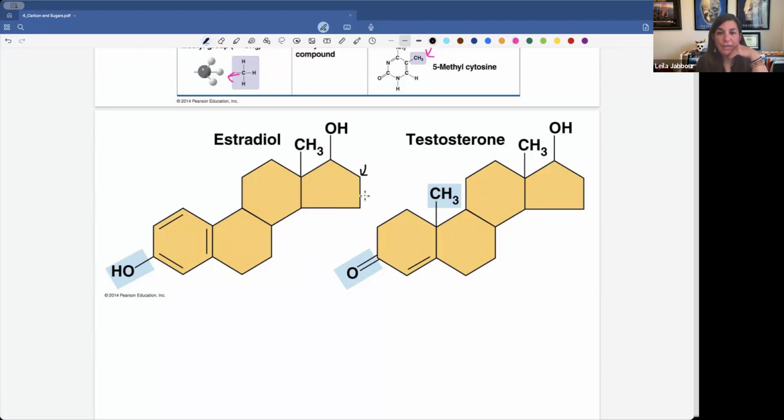Remember, every corner here is a carbon with hydrogens, because when you don't see any group attached to these carbons, if it's just a point by itself, right? These points by themselves, you assume the leftover bonds that need to be made are with hydrogen.